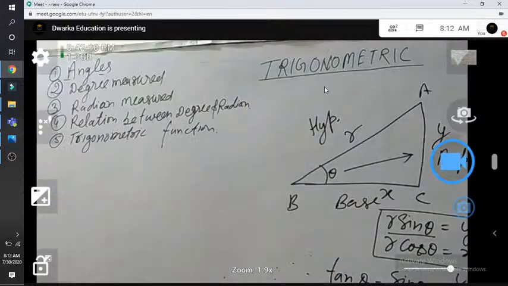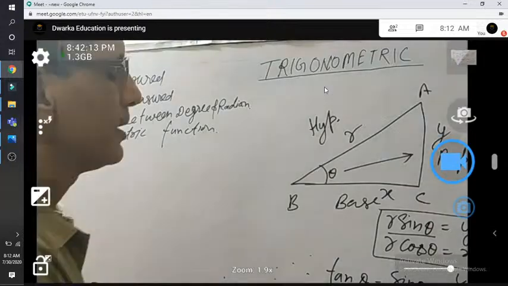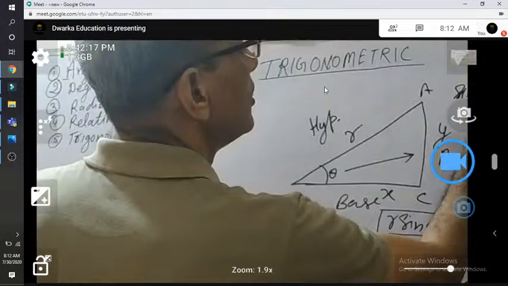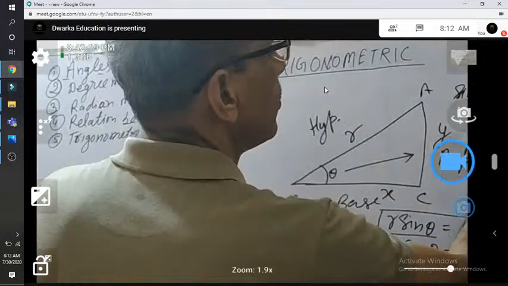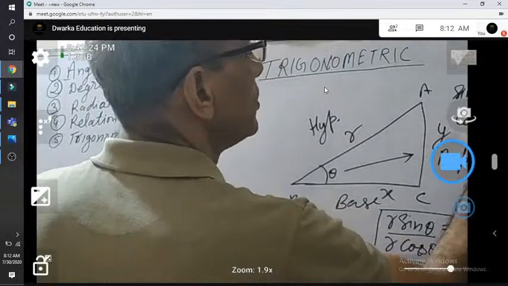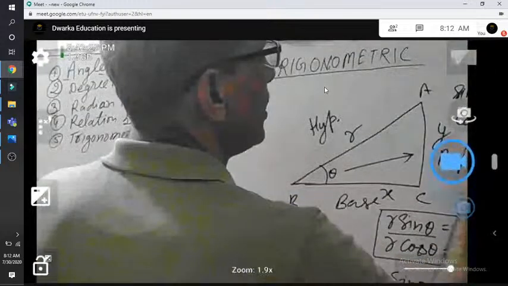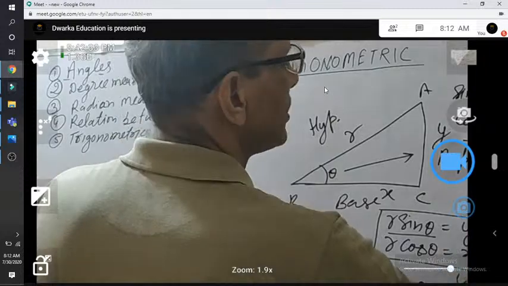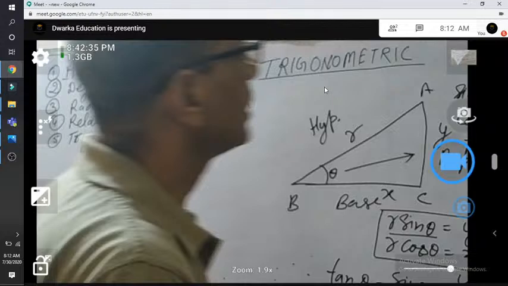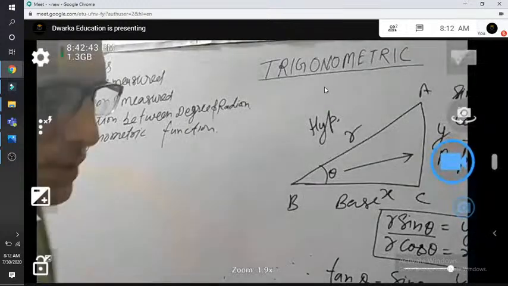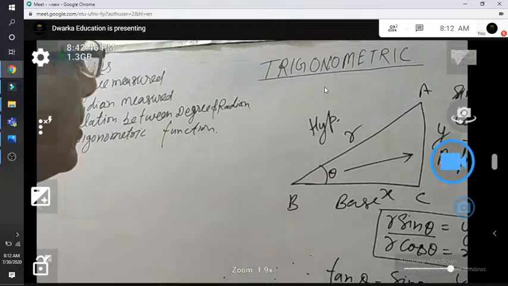And the other three functions: sine theta is equal to 1 over cosecant theta, cos theta is equal to 1 over secant theta, and tangent theta is equal to 1 over cotangent theta. These are the trigonometric functions.